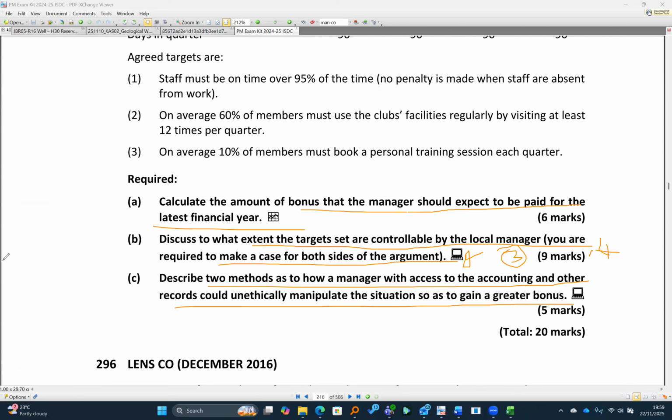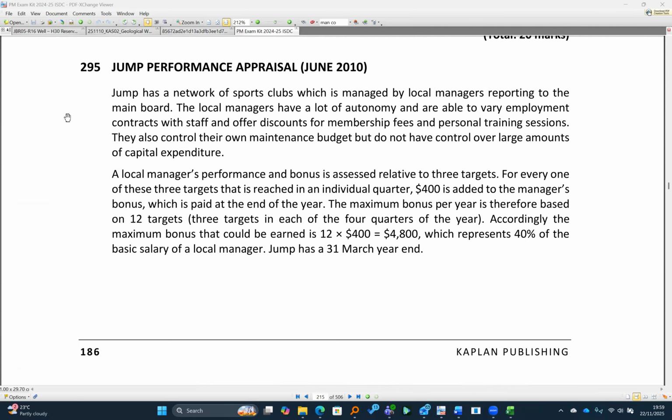And when you now look at what is told about this, they are saying that Jump has a network of sports clubs which is managed by local managers reporting to the main board. The local managers have a lot of autonomy and are able to vary employment contracts. So remember, there's a part which is asking us about controllability. So we need to read when we are saying what we are going to answer.